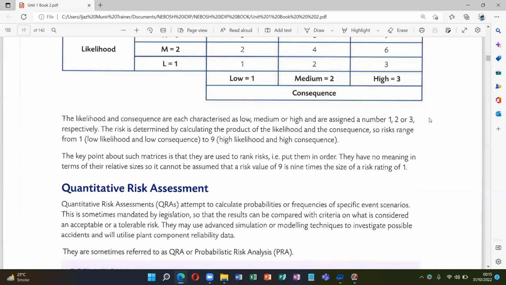The key point about such metrics is that they are used to rank risk, to put them in order. They have no meaning in terms of their relative sizes. So it cannot be assumed that a risk value of 9 is 9 times the size of a risk rating of 1.